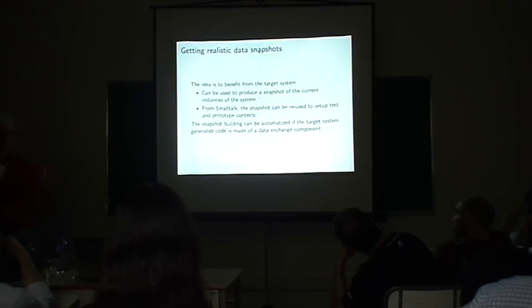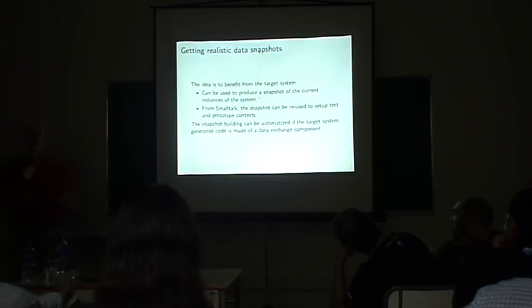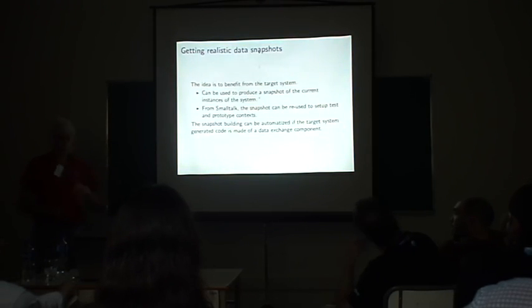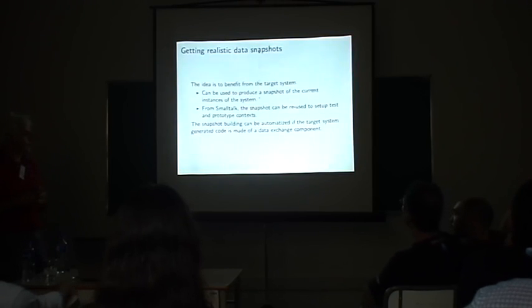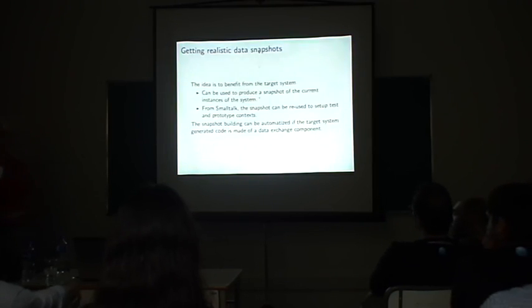And for debugging purposes, the system designer can implement, for example, a button which at any moment can be pressed in order to produce the state of the system which is running. So this kind of snapshot is very useful because it is realistic. You can get very large snapshots of the system that can be used for validation.